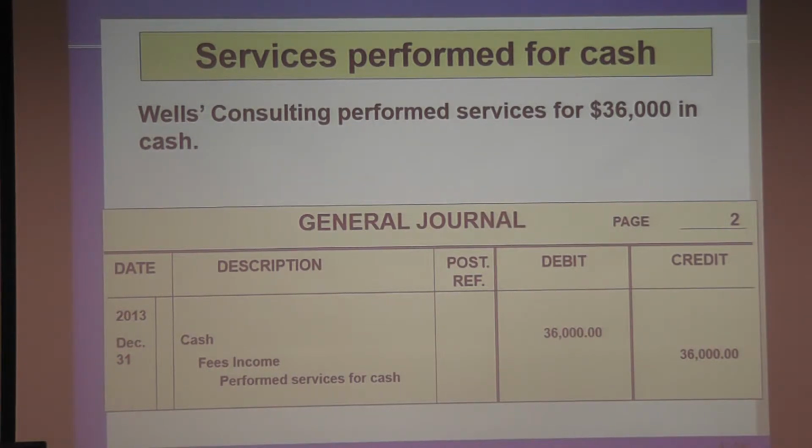Any questions about journalizing? With the income, because it says perform service for cash, isn't that kind of vague? Should there be something else attached to that? There could be. You could put the customer name. That's not necessary, because in most places, fee income is going to be, here's the example I like to use.